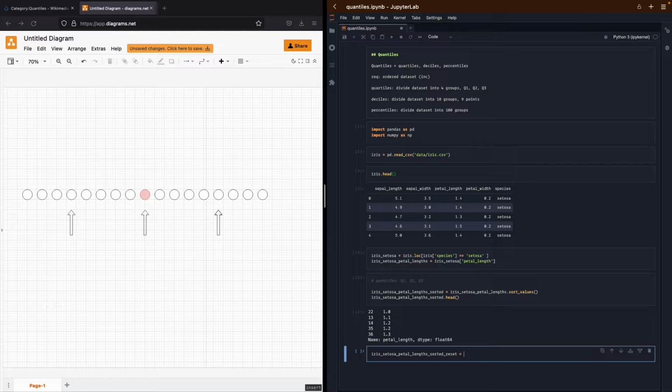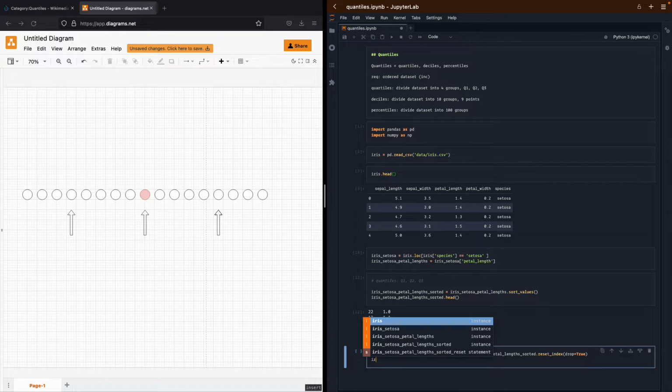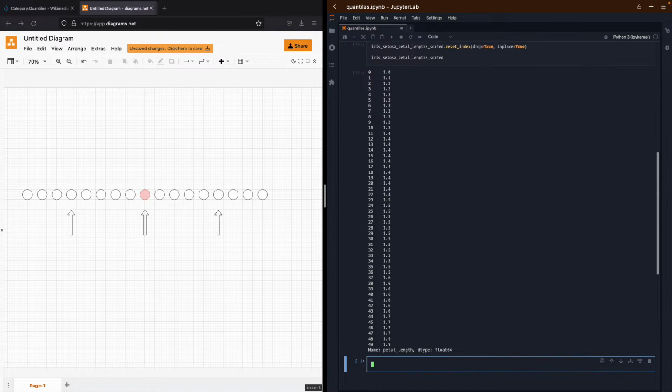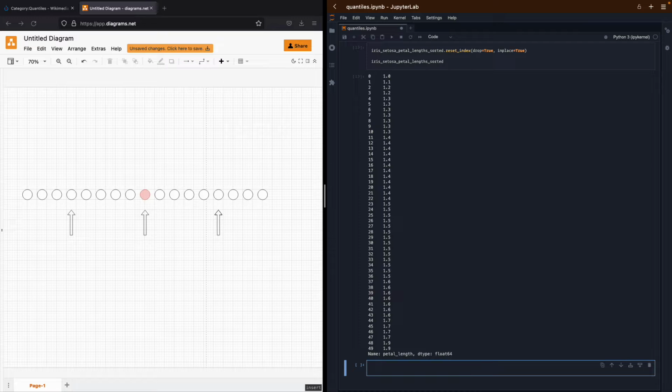Reset index, and we are going to drop the previous index. Our name is too long, so I'm going to do it in place for now. inplace equals True, so that we don't have to type again and again. So our index is also in place, and all our data points are sorted now.